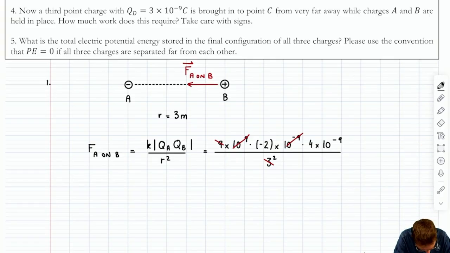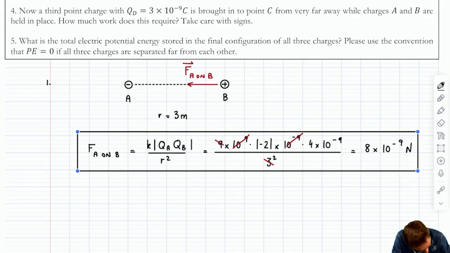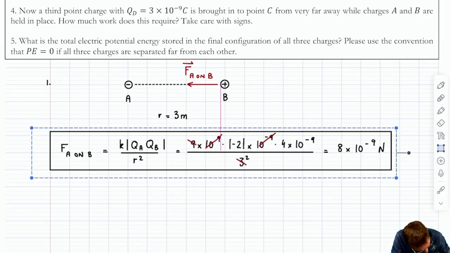And we're going to get, these should be absolute values, my bad, 8 times 10 to the negative 9 Newton to the left. Or you could write it along minus x hat if you wanted to write it as a vector.